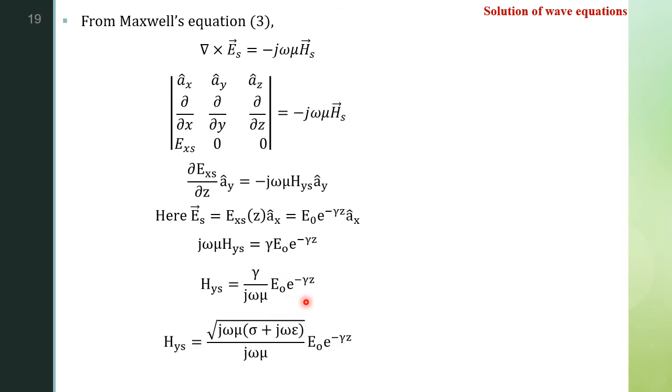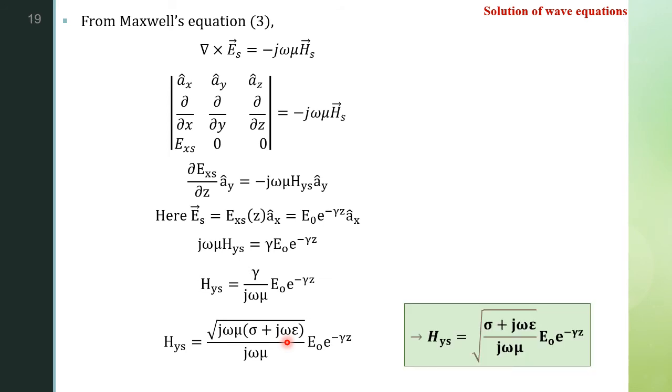What is gamma? It is the root of j omega mu into sigma plus j omega epsilon. On cancelling one j omega mu, we get Hys as root of sigma plus j omega epsilon by j omega mu into e raised to minus gamma z. This is one of the forms of the expression for magnetic field intensity.